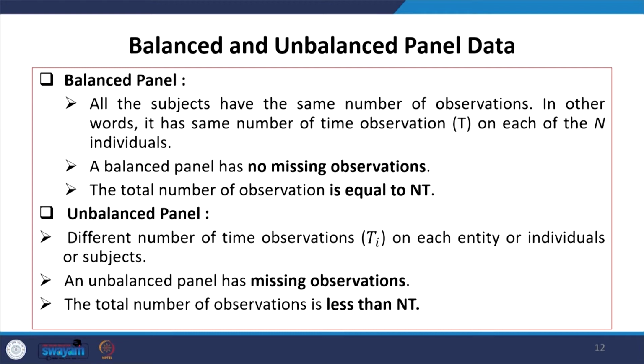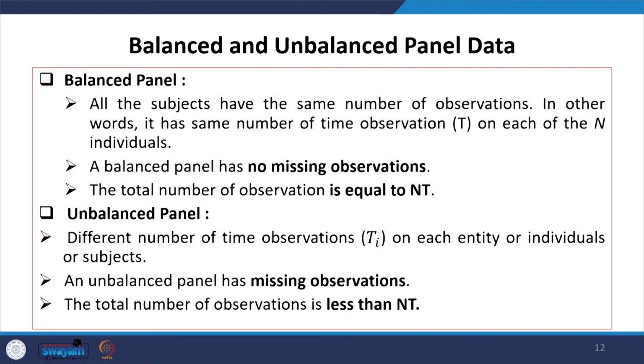First of all, what do we mean by a balanced panel? Balanced panels are panels where all the subjects have the same number of observations. All the subjects, the entities, have the same number of time observations, t, on each of the n individuals.